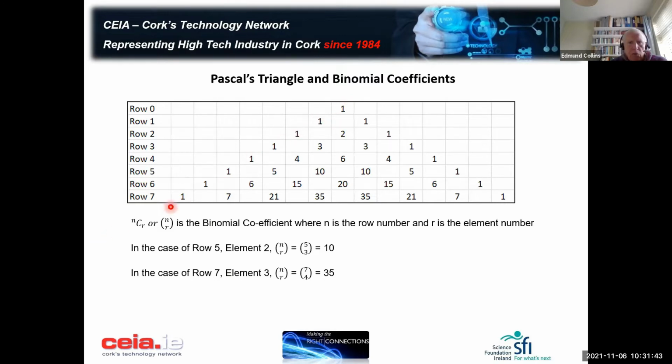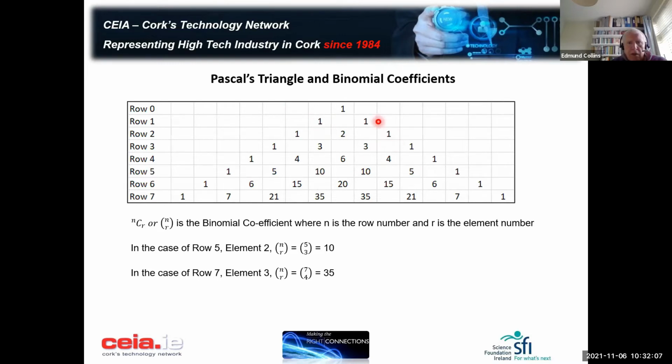You can keep going with it, but it has some very interesting properties here. So you'll see that there's 1 on the outside here, and then if we go down this line here, 1, 2, 3, 4, 5, 6, 7, and there's a pattern here, 1, 3, 3 to 6, the difference is 3, 6 to 10, difference is 4, and so on. So there are some interesting aspects to it.